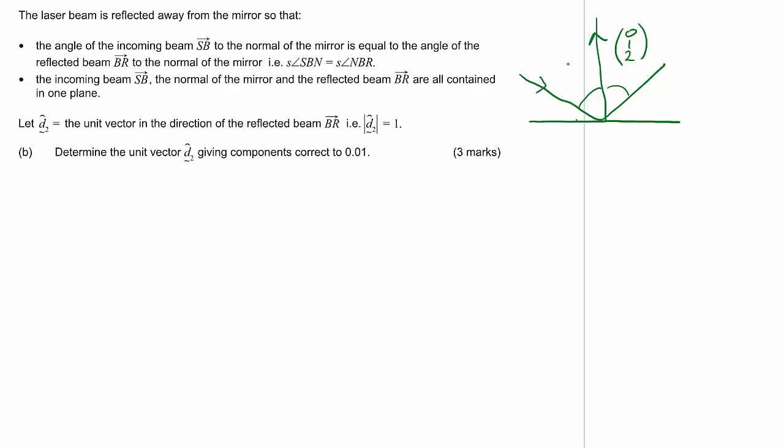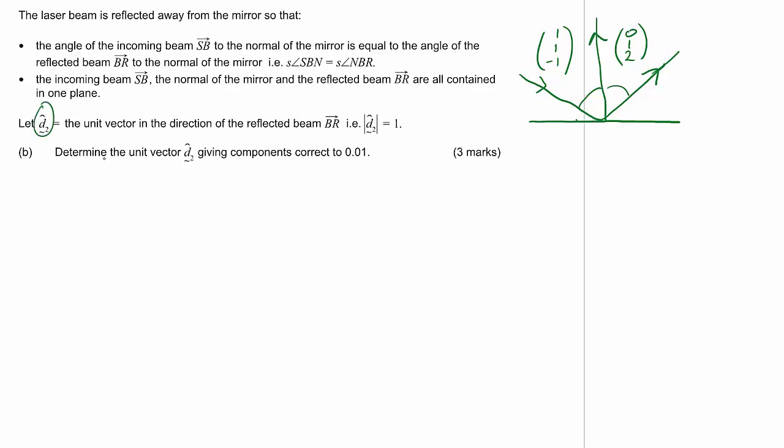Now we know that this one is coming in the direction (1, 1, -1). Make that a bit clearer. So (1, 1, -1). And so this is coming out here. So they're all contained in one plane. So all three of these lines.